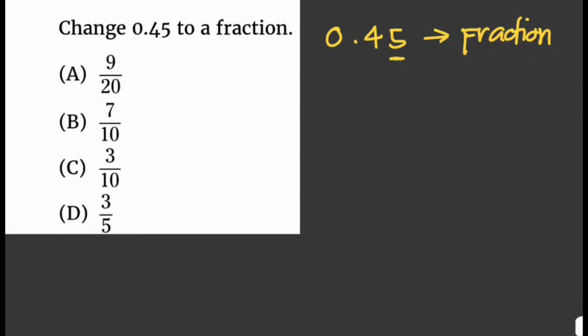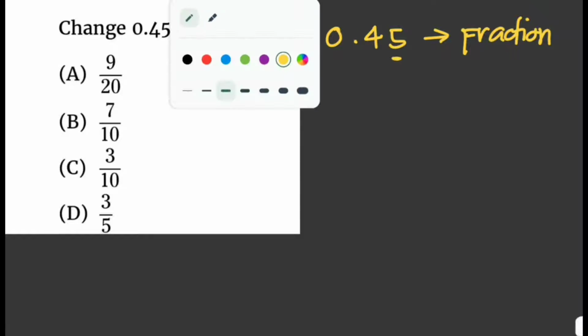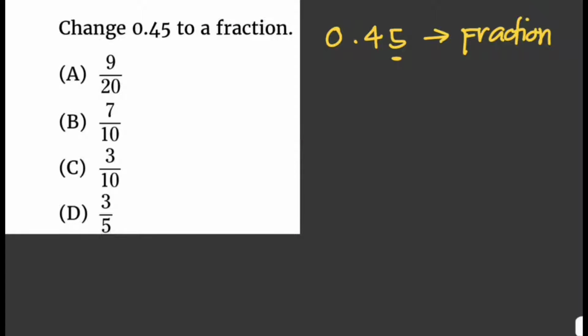The last digit here is 5, and then we write the decimal as a fraction with that place value as the denominator. The last digit here, which is 5, is in the hundredths place. Therefore, we can write 0.45 as 45 over 100.